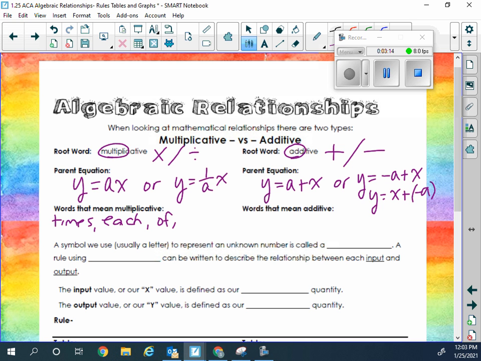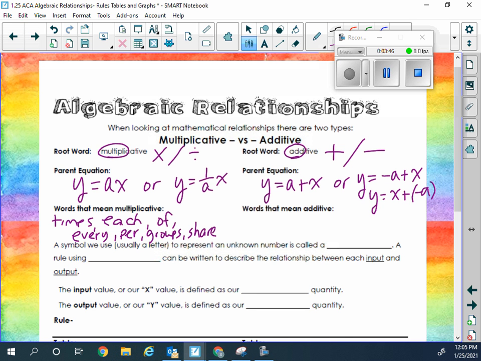What if I said I get paid every 2 weeks? Every, per. Love it. Okay, good job. So times, each, of, every, per. I also have groups of, and share. Share would indicate what? Division, that's right.